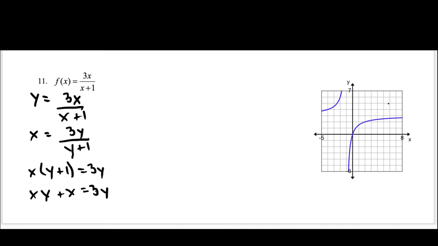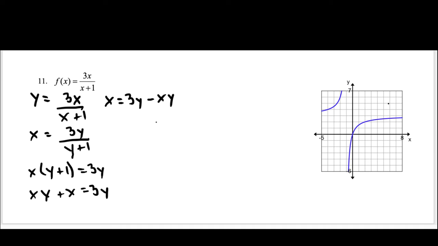And then I would basically consolidate all the terms that have a y on one side of the equal sign. So I could do that by subtracting xy from both sides. That gives me x equals 3y minus xy.